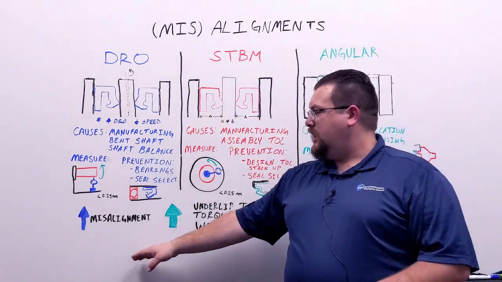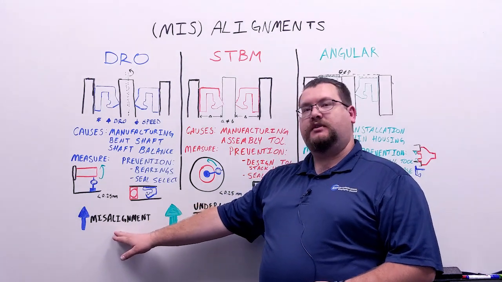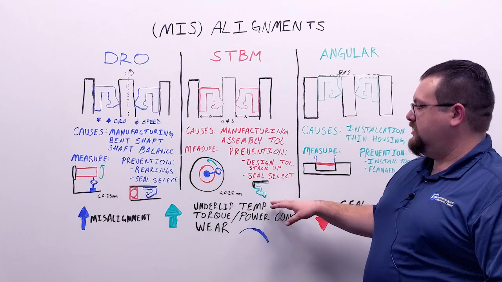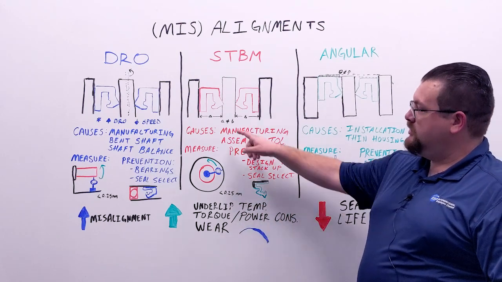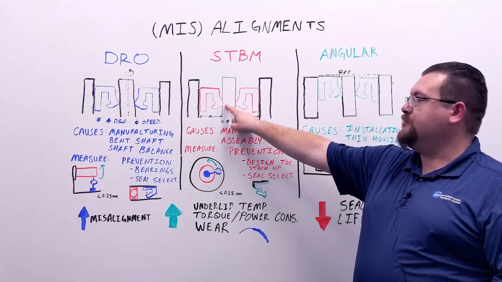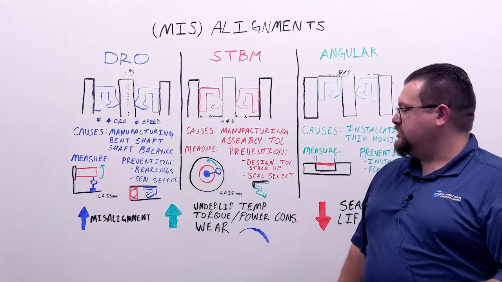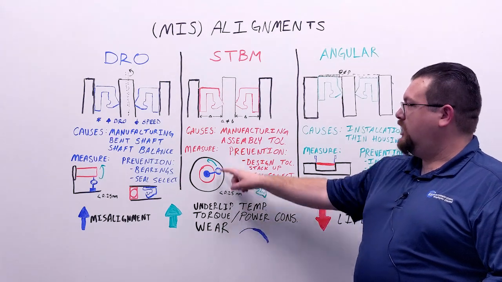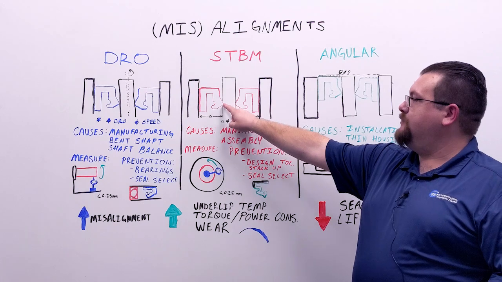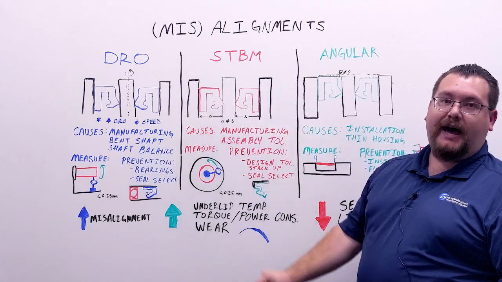An increase in any of these misalignments ultimately leads to an increase in your underlip temperature. Since you have more interference here, you're going to be generating more heat in this application. Also, with increased interference, you're going to have more contact from the seal on the shaft.